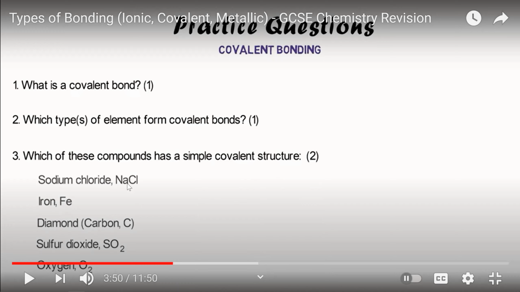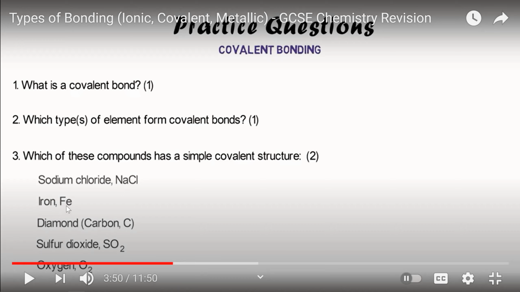Sodium is a metal and chlorine is non-metal. Try to understand my question. Sodium chloride, is it covalent or ionic? It's ionic. Why? Because it is metal and non-metal. In a covalent substance, there cannot be any metal present. There can be only non-metal.